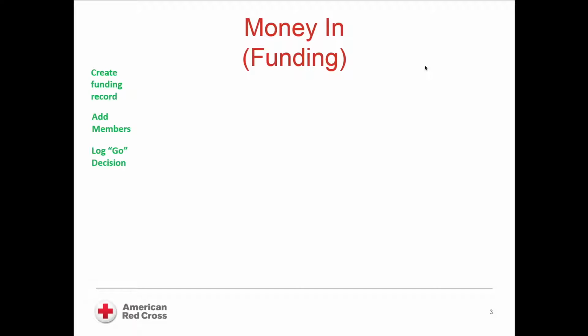It's a good idea to write a note in the comment section of the funding, and again I'll show that when I get into ECOS, that says, David gave go decision on 5/22/2016. The other thing is, if there's an email or some sort of confirmation clearly stating that the go decision was received, it's a good idea to save that in the miscellaneous folder in the documents section of the funding. That way you have it for reference in the future.